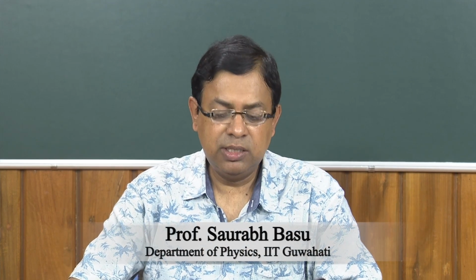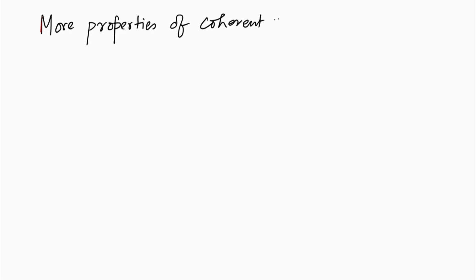To continue with our discussion on the coherent states, let us see some more properties of the coherent states. And let us start with the scalar product of two coherent states.